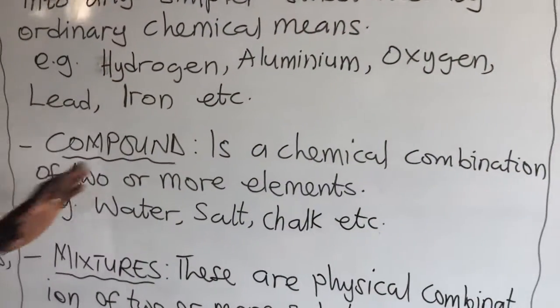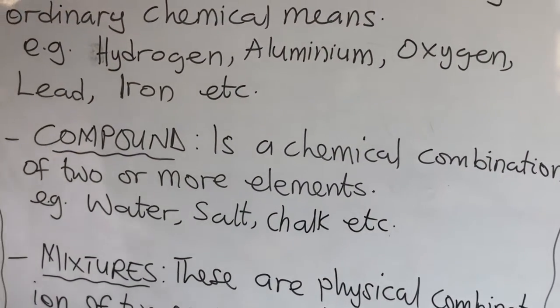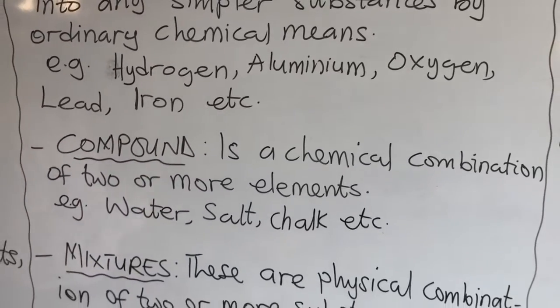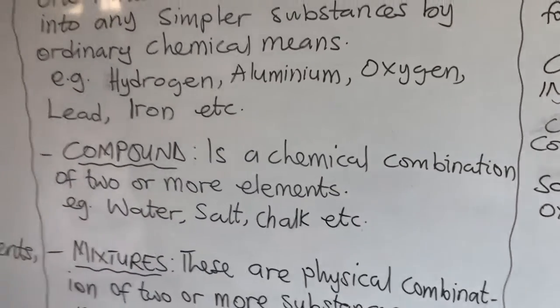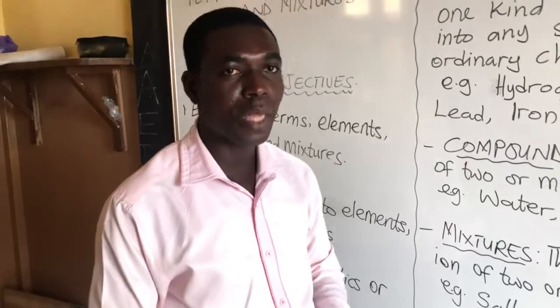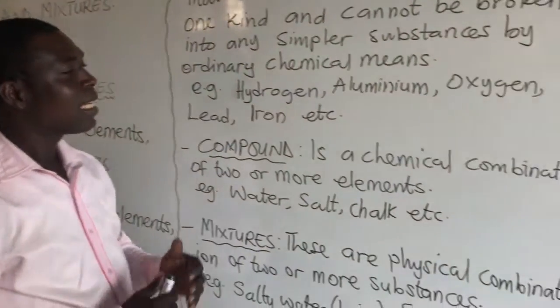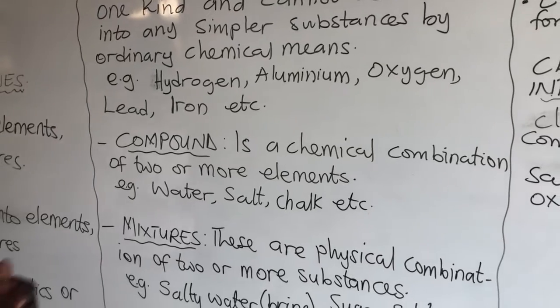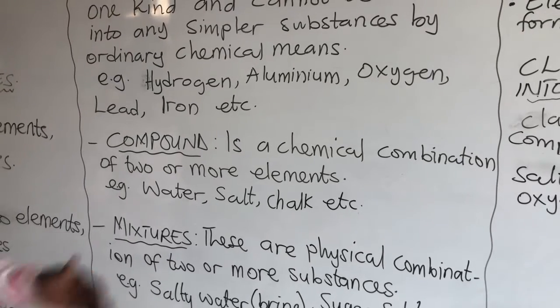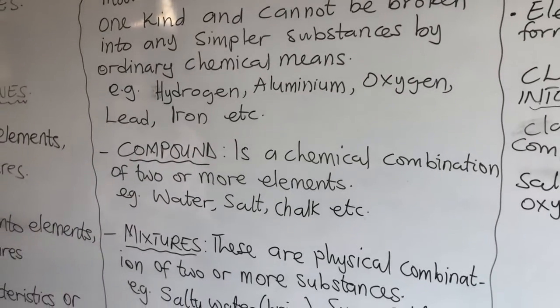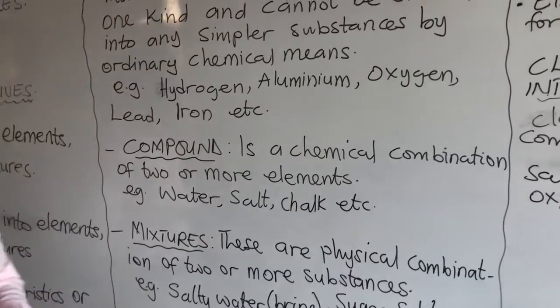Now let's talk about the compound. The compound here, we are not talking about the school compound or the area within the school or in the house. That's not what we are talking about. We are talking about compound under science. A compound under science is a chemical combination of two or more elements.